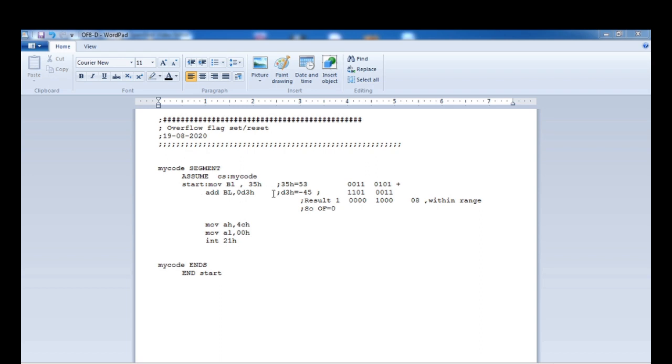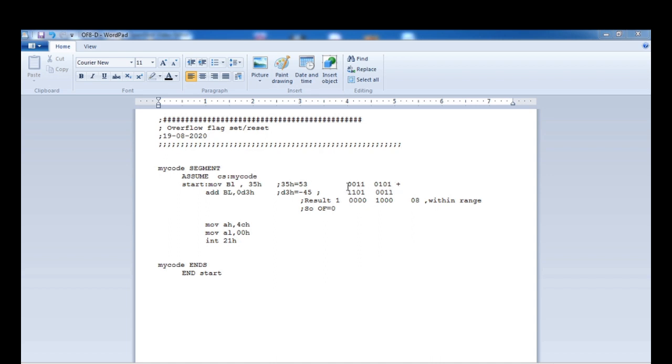This is the data we used in our example. The pattern of 35H is 0011 0101.